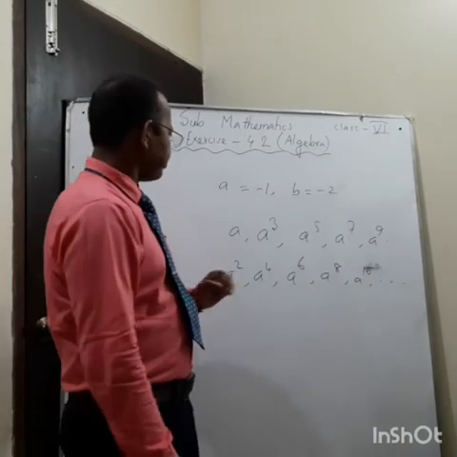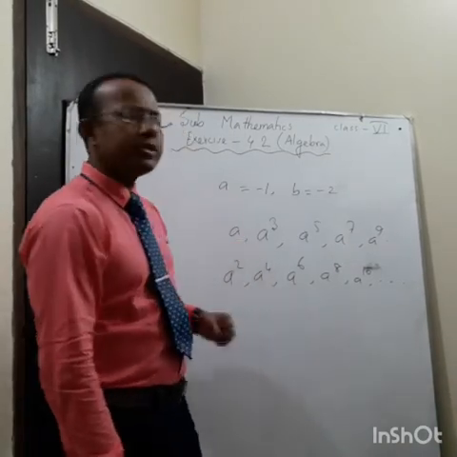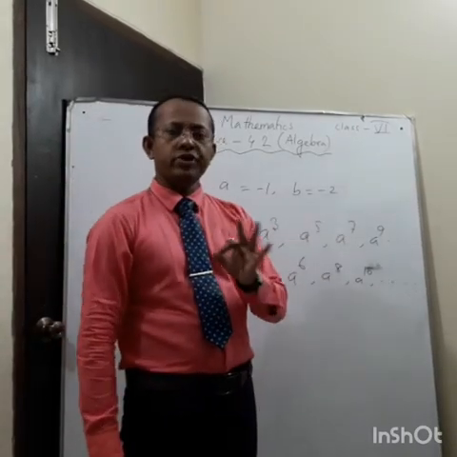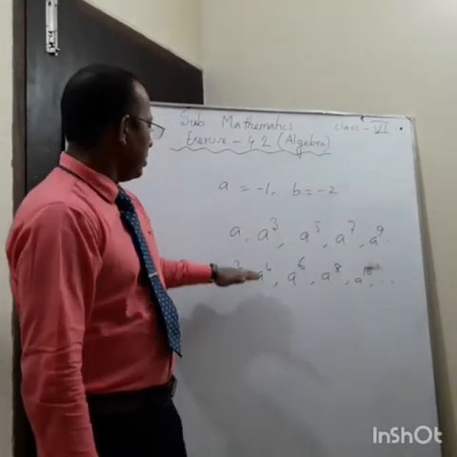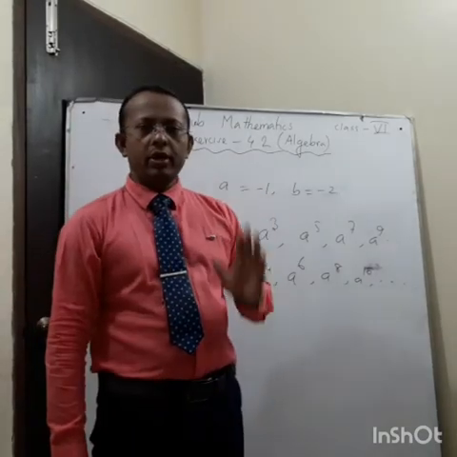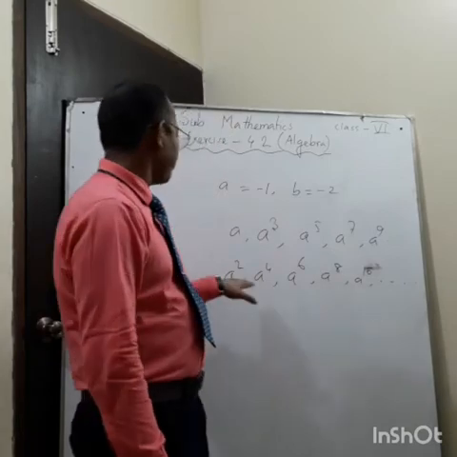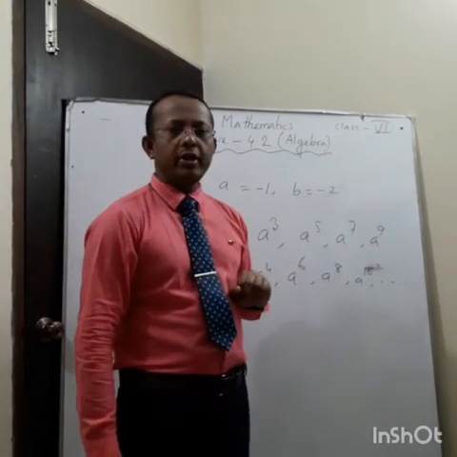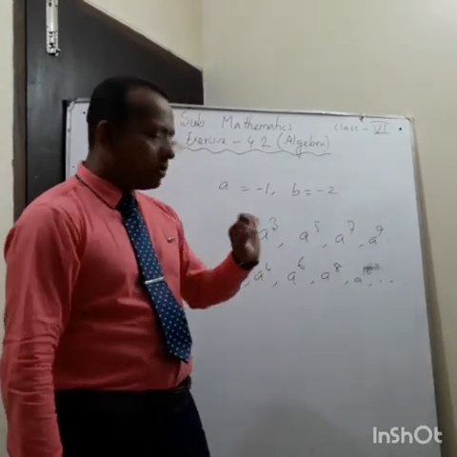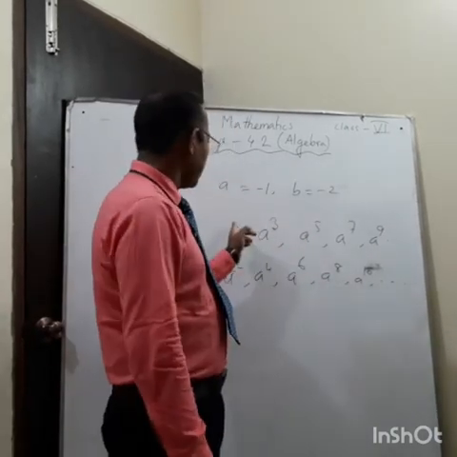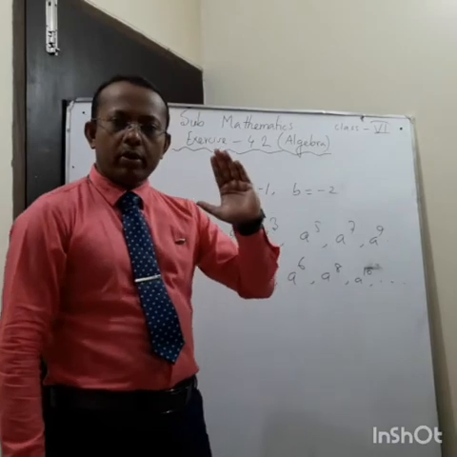But if the base is positive, in all cases we get the positive value. I repeat, if the base is positive, in all cases we get positive values, and if the base is negative, in that moment the values will be positive or negative, depending on the order of power.